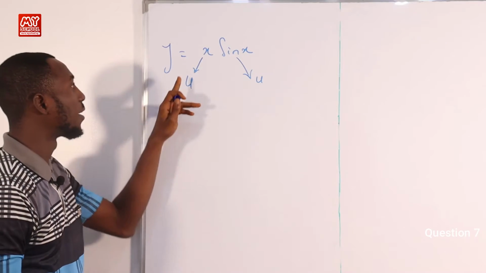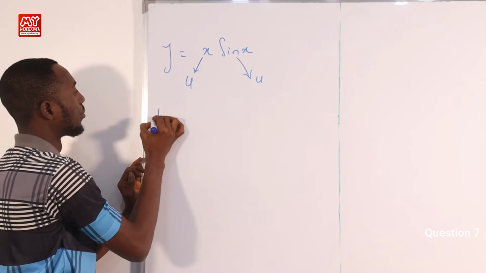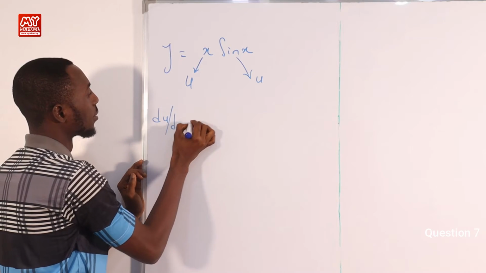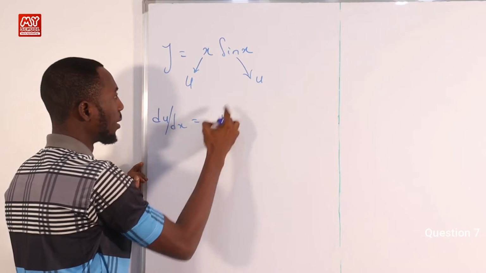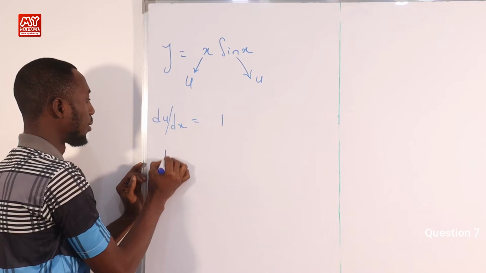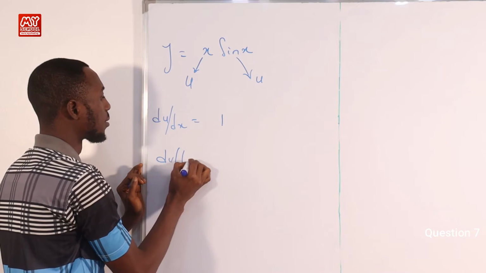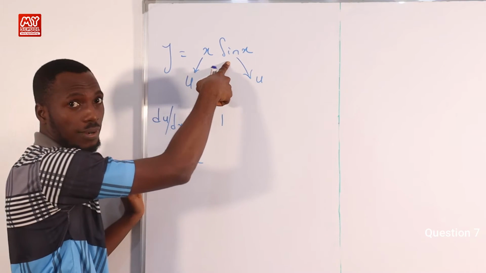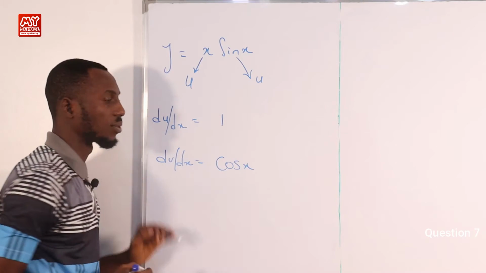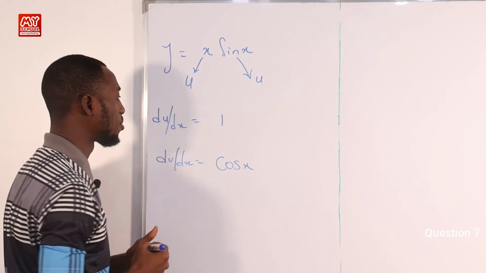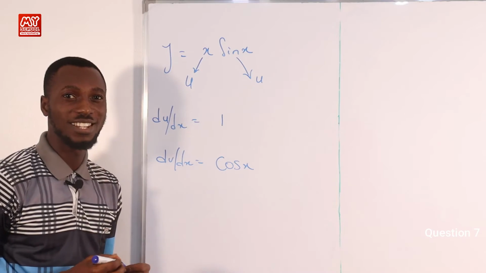When we differentiate u, du dx, that is when we differentiate x, that gives us 1. And when we differentiate v, dv dx, that is differentiation of sine x, will give us cos x. These are just simple rules that we should know in differentiation.